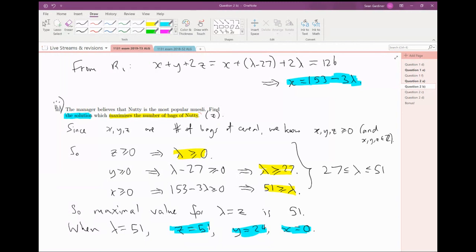Just before we move on to another question, I wanted to point out, if you're using sort of meta exam technique, if you looked ahead with this question and saw in part 3 that it's asking you to take your solution and find a maximal such solution, that's implying that your answer to part 2 should have had an infinite number of solutions. It should have been parameterized, because if in part 2 I had found a unique solution, then part 3 wouldn't make any sense.